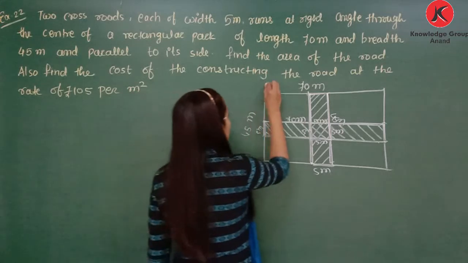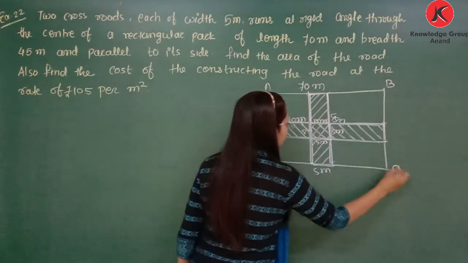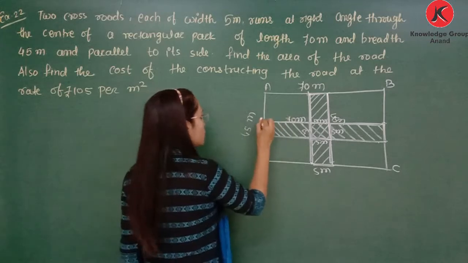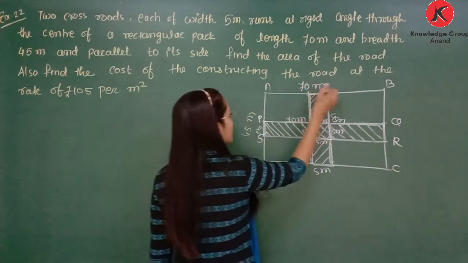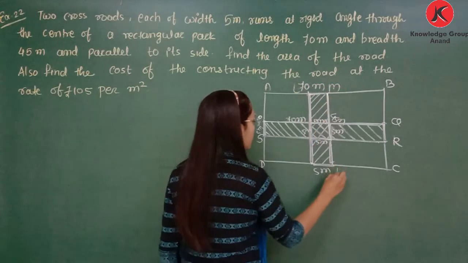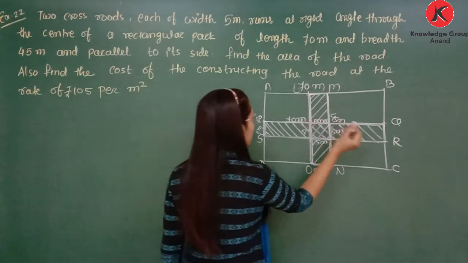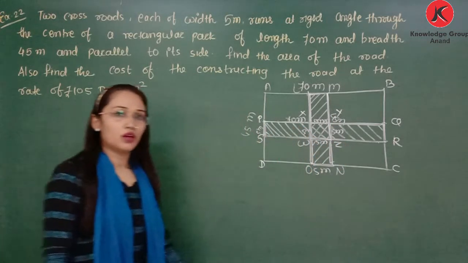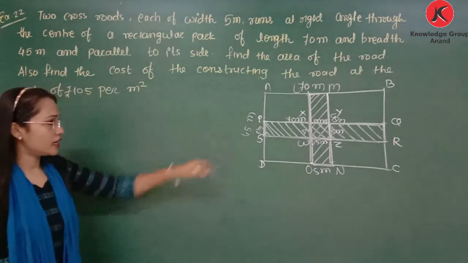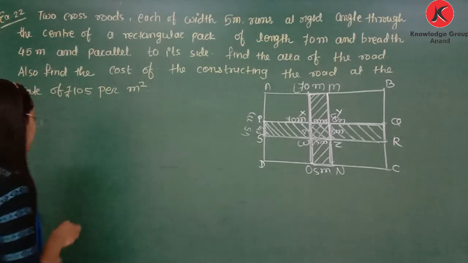So let's give this name. It is ABCD. This road is PQRS. Let's give this name L, M, N, O and X, Y, Z and W. Clear? So let's find the area of PQRS.